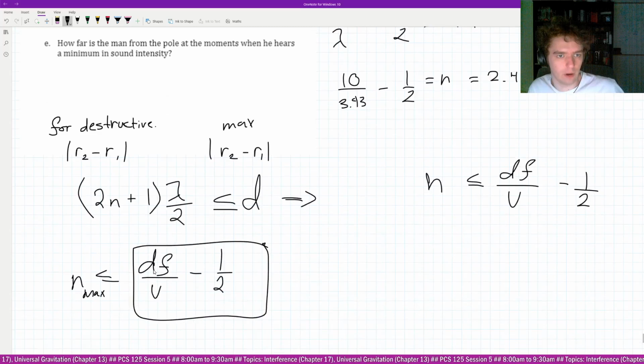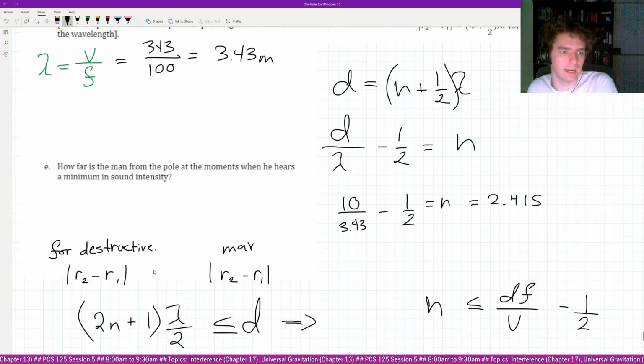Then we need to know how far, so what distance corresponds to any one of these n values? Wouldn't it be the max, because it would be the closest to the pole? The n max would be closest to the pole? I don't know. He said this was for when he starts from walking far away.